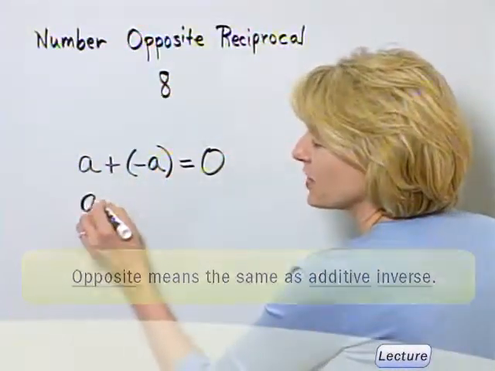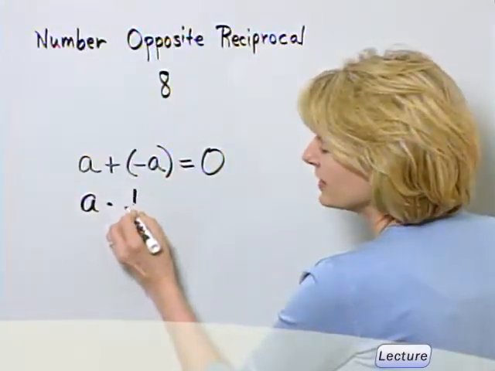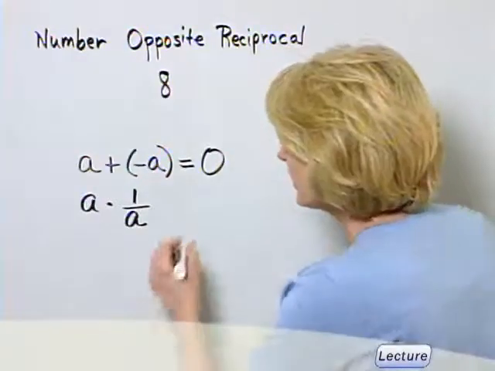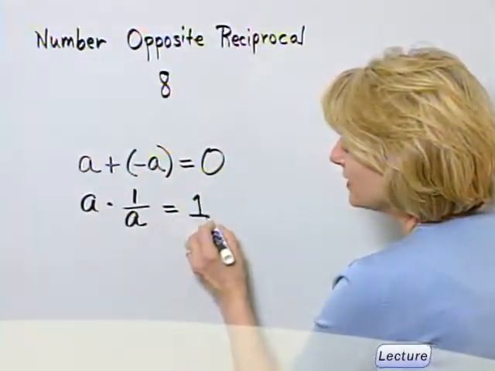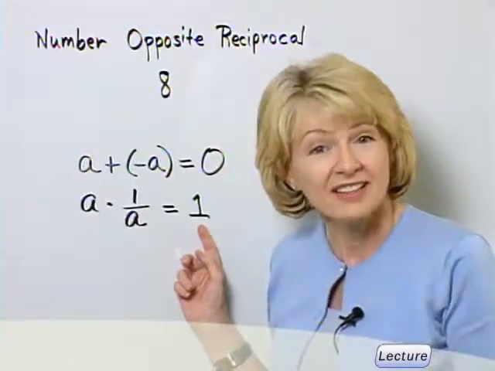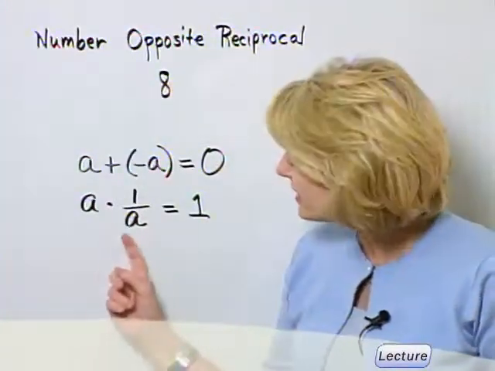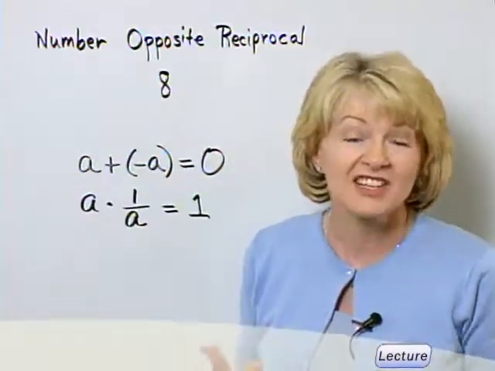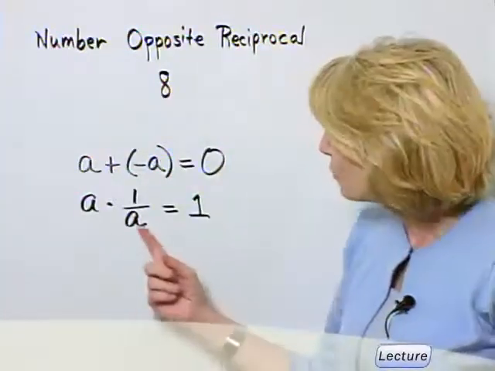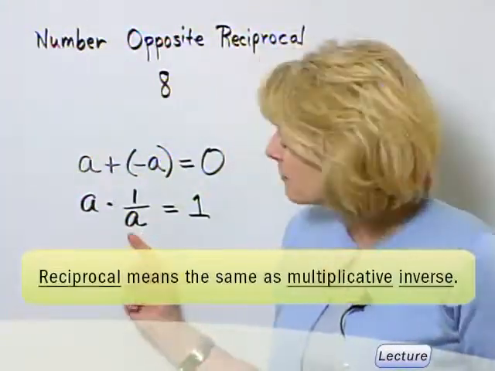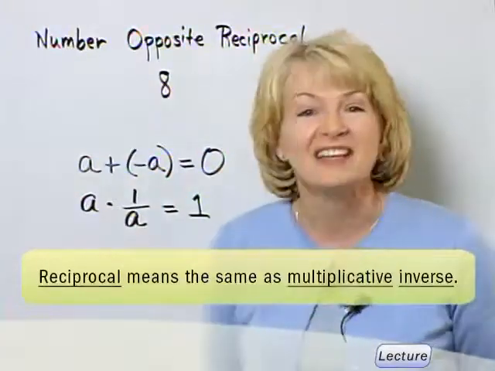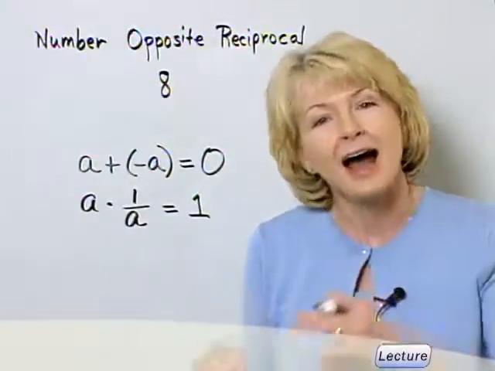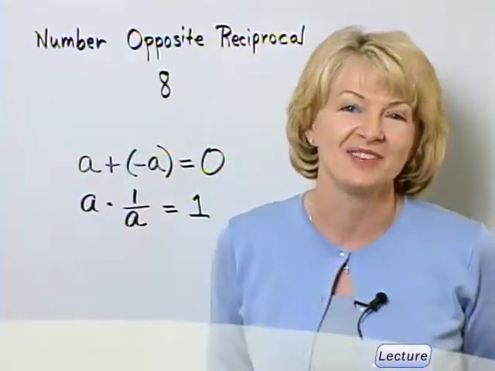It's also true that any real number times its reciprocal, and of course this is as long as A is not equal to 0, A times 1 over A is equal to the multiplicative identity, which is 1. These are called reciprocals of each other, but since their product is the multiplicative identity, we say that these are not only reciprocals, but multiplicative inverses. So just remember, reciprocal is the same as multiplicative inverse. Opposite is the same as additive inverse.